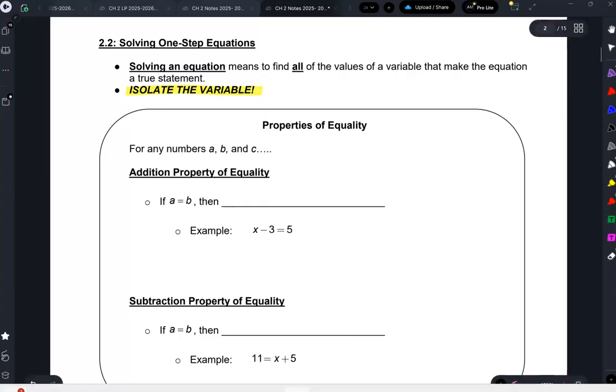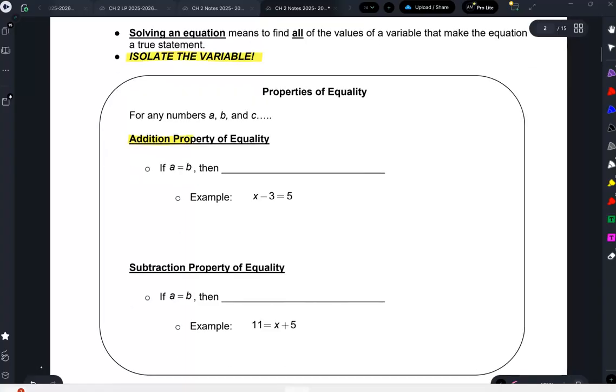One is the following: addition property of equality. If you have a equals b, then a plus c equals b plus c. Basically, you can add the same number to both sides.